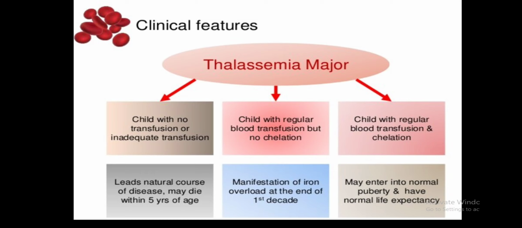In children with regular blood transfusion but no iron chelation, the manifestations of iron overload can occur at the end of the first decade. But in children with regular blood transfusion and chelation, they may enter normal puberty and have a normal life expectancy.